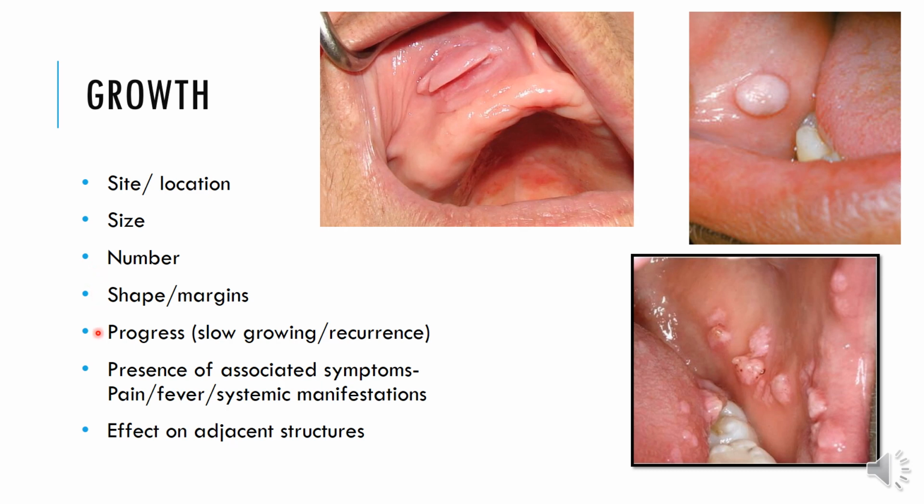Is it slow growing or is it recurring? That means it goes off completely and comes back again. And presence of associated symptoms again. Is it associated with any sort of pain, fever, or systemic manifestations? And next, the effect on adjacent structures. What has it done to the area around it? Is it pushing some structure, or has it grown around the structure, for example, around the tooth?